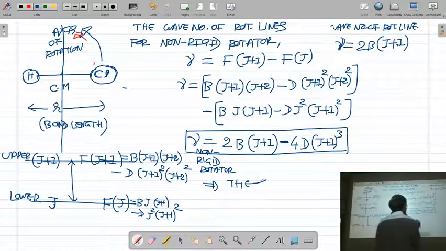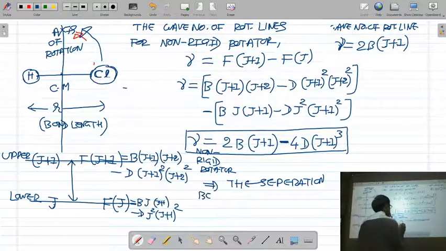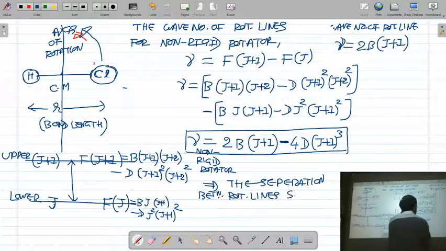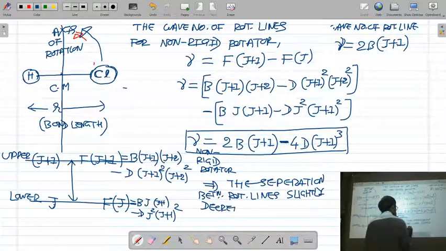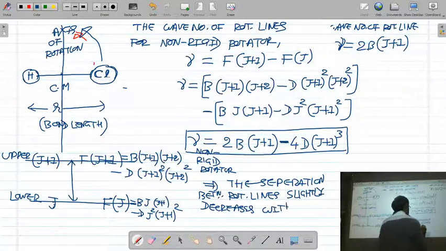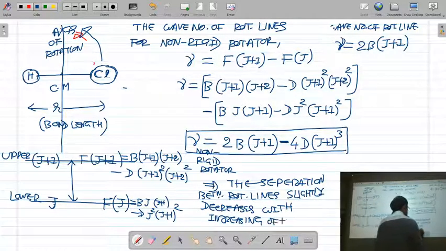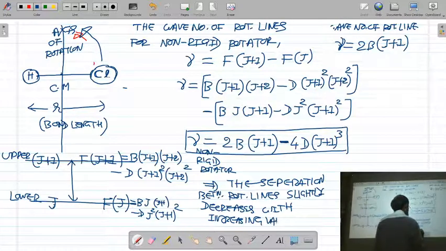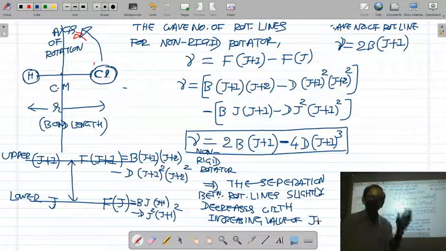The separation between rotational lines slightly decreases with increasing value of J. So as you go towards higher quantum number J, the spacing between rotational lines decreases.